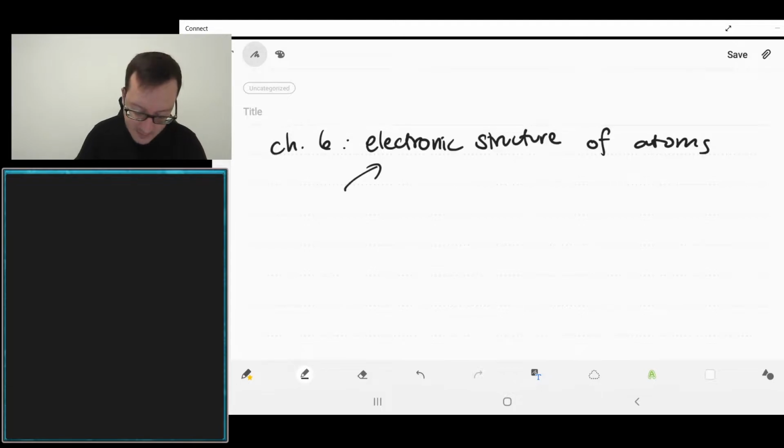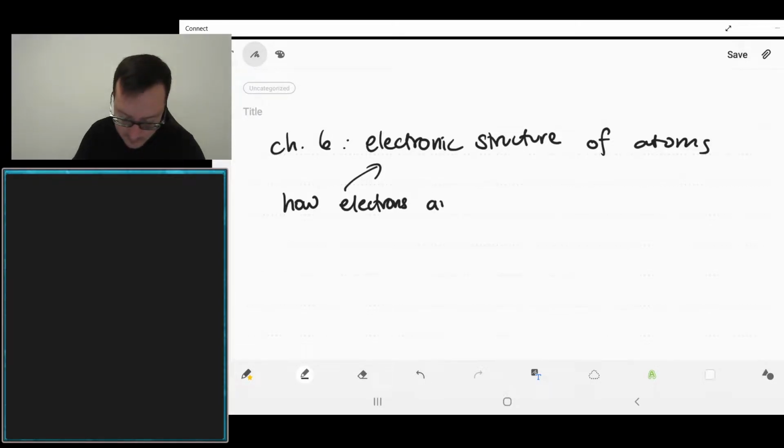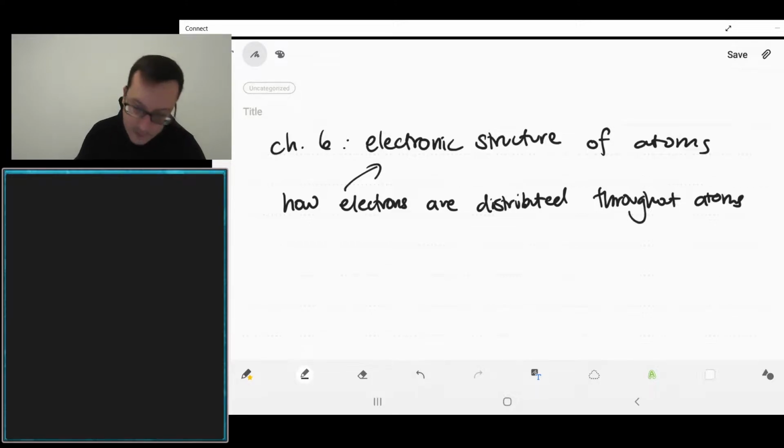So we're going to deal with how electrons are distributed throughout atoms, and just a little bit about how they behave.